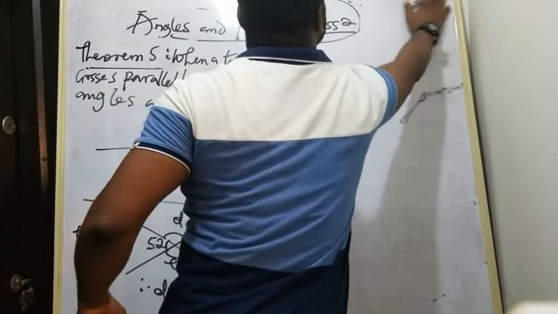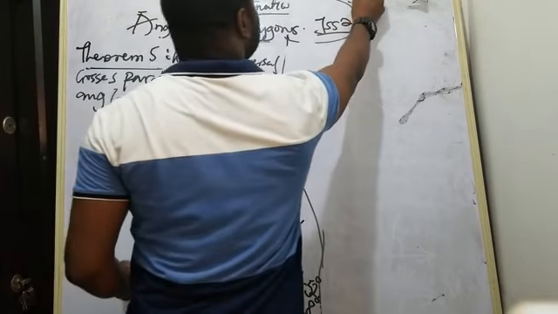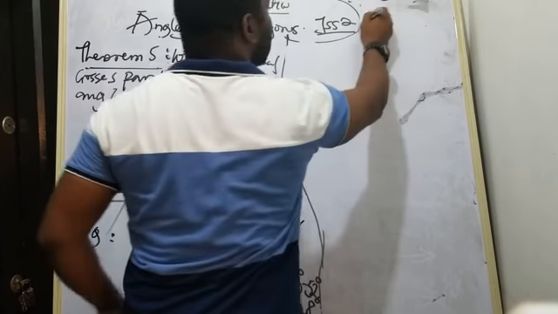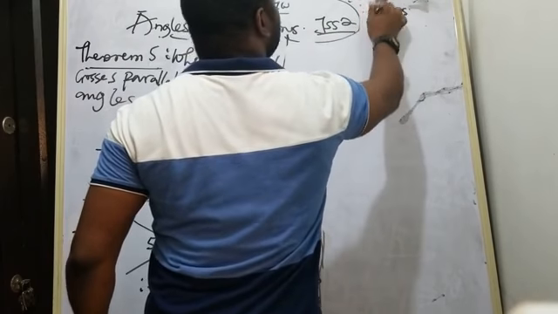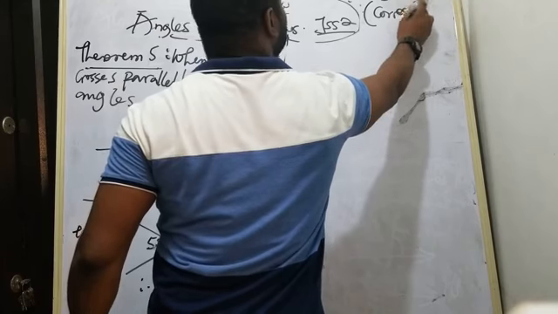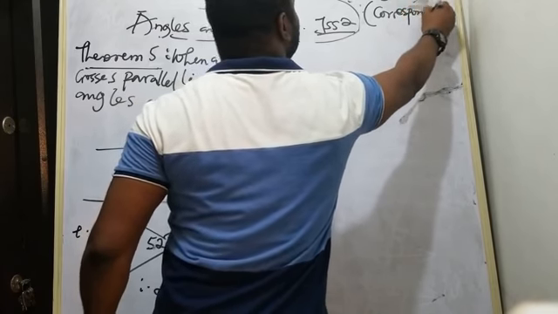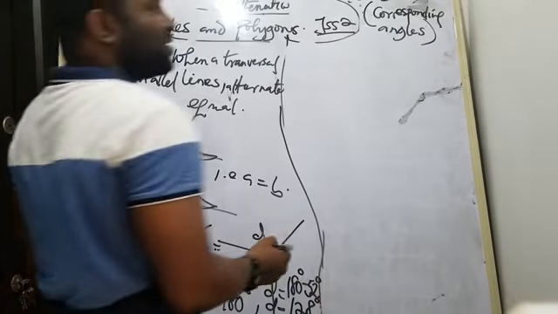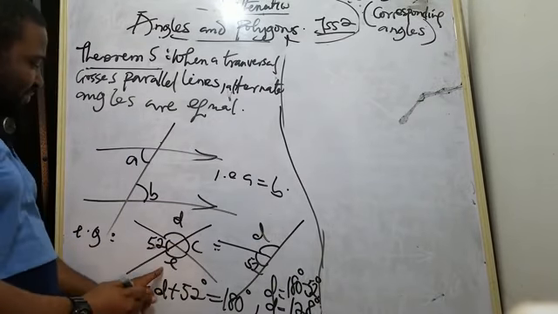So it means we will say C equal to what? 52 degrees. This is what? Corresponding angles.